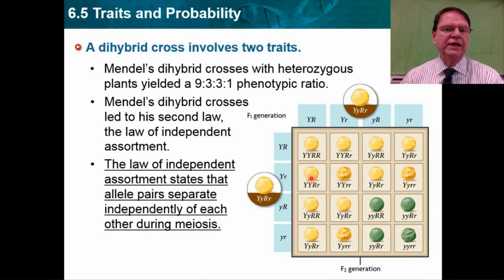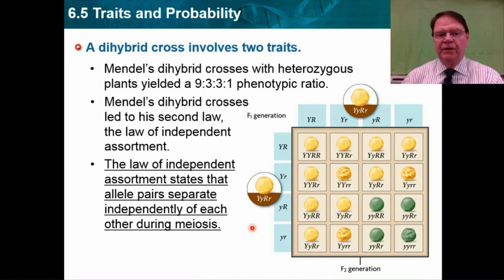So these are actually inherited independently of each other. And that's why we're getting these 3s in the middle of the phenotypic ratio. And that's come to be called the law of independent assortment, as you can see, that states that allele pairs are going to separate independently during this process of meiosis.